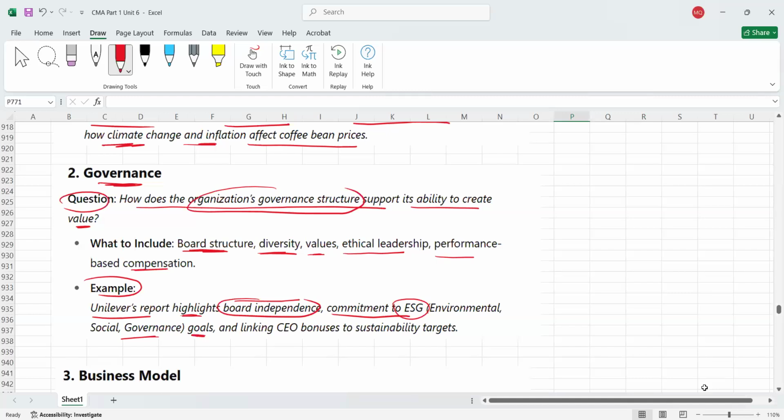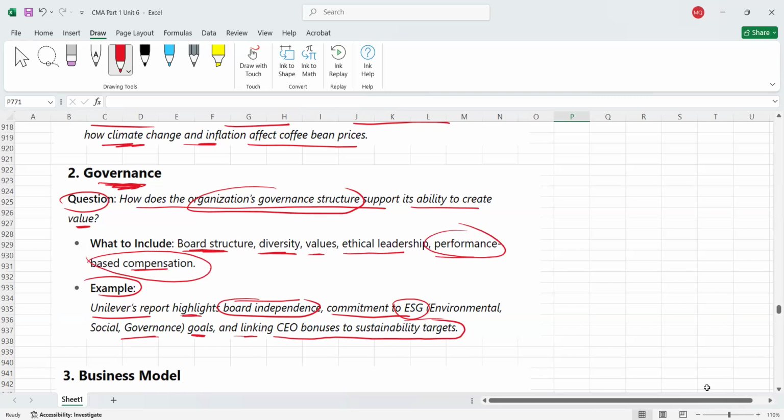So how much we are committed towards the environment, and linking CEO bonuses to sustainability targets. So this is what the governance structure is. I have explained here, you include performance based compensation also.